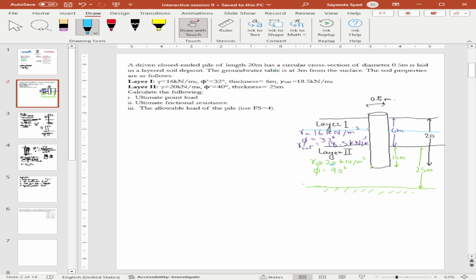So let us proceed to solve the question. First thing is we need to calculate the ultimate point load resistance.